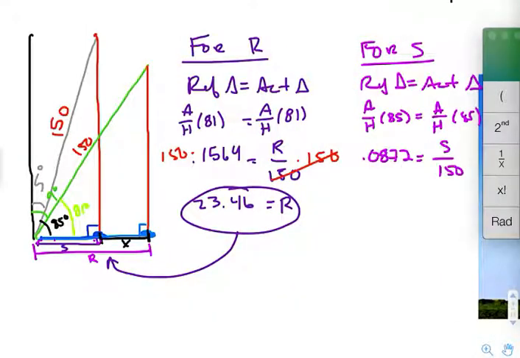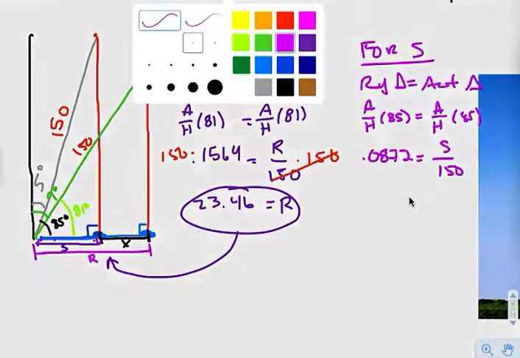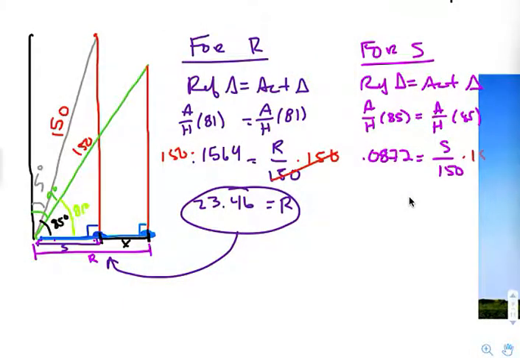Okay. And so now we are solving. So again, I'm going to pull the same trick. I'm going to multiply both sides by 150. That'll kill the denominator on the left. So 150 times 0.0872.